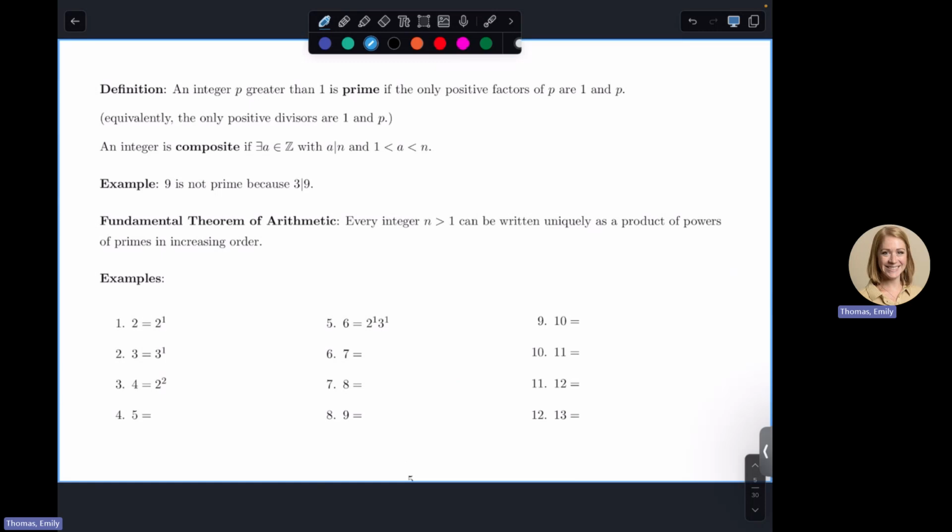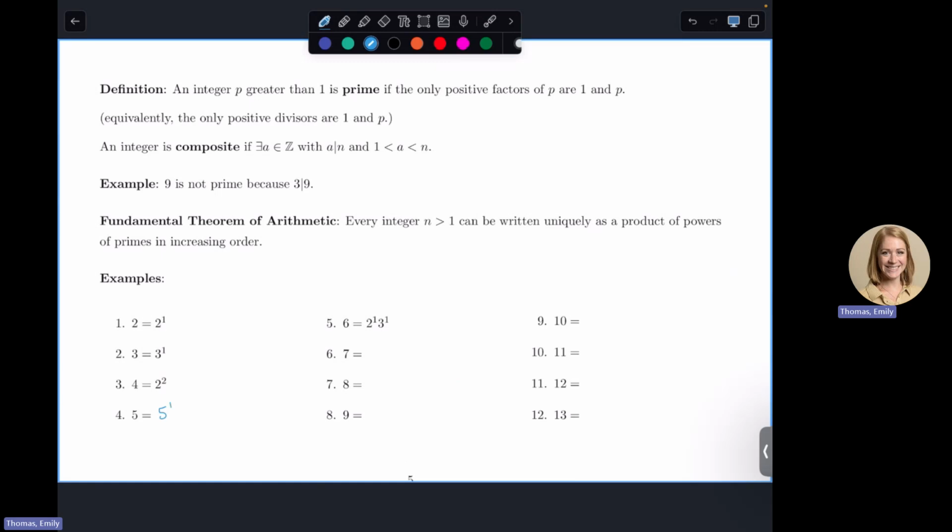The fundamental theorem of arithmetic says that every integer n can be written uniquely as a product of powers of primes in increasing order. You can see some examples done here. 2 is 2 to the first. 3 is 3 to the first. 4 is 2 squared. 5 is 5 to the first. 6 is 2 times 3.